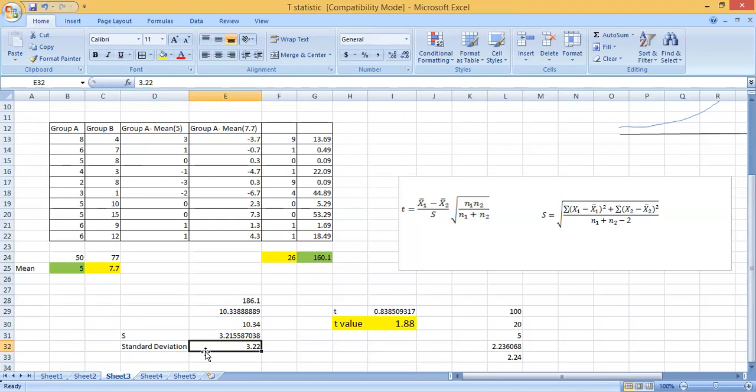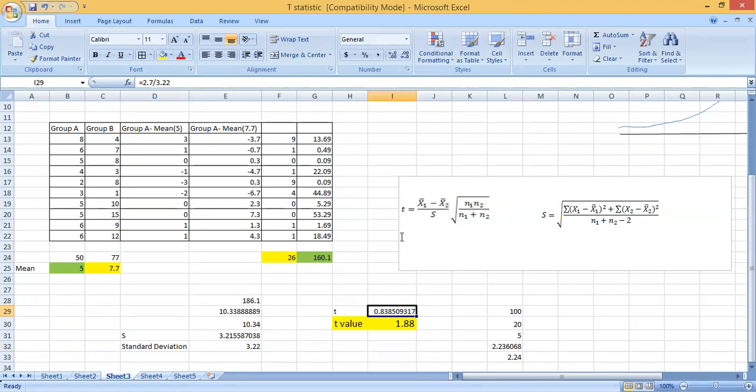Now the t value. The t value can be calculated by the following formula: x1 bar minus x2 bar divided by s.